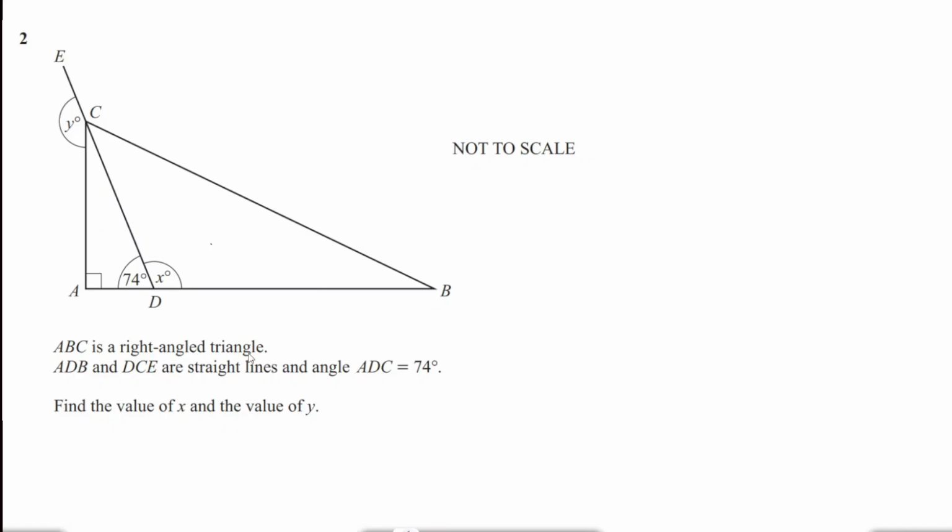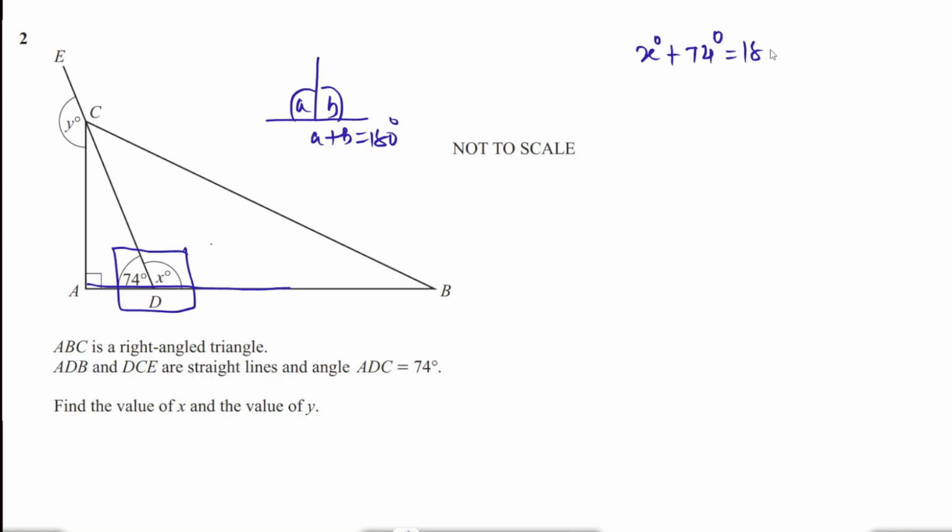There are two ways to solve the problem. When we have a straight line, the sum of angles on a straight line is always equal to 180 degrees. So here we can find the value of x. We write x degrees plus 74 degrees equals 180 degrees.